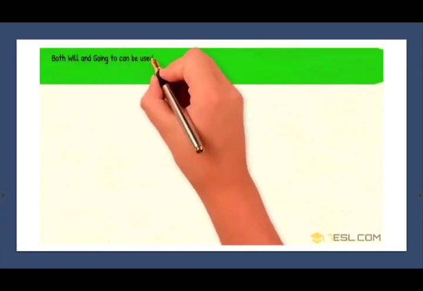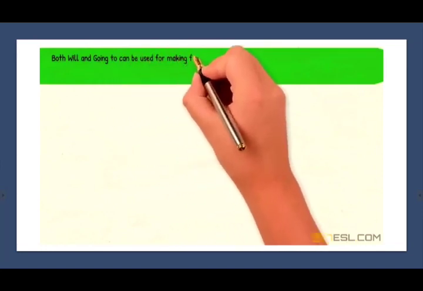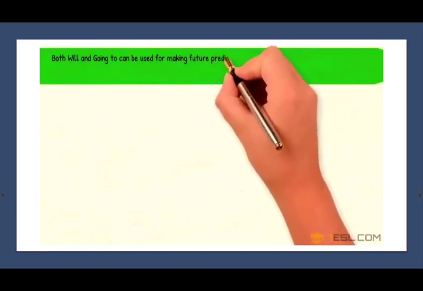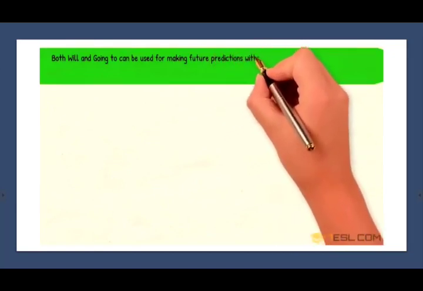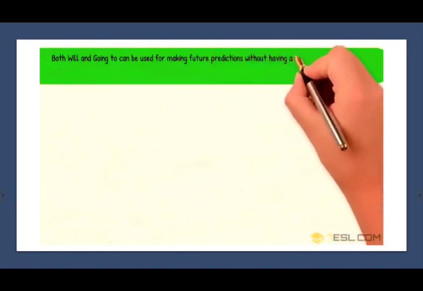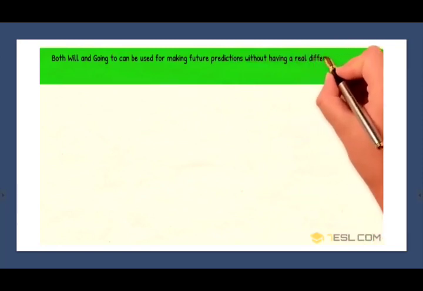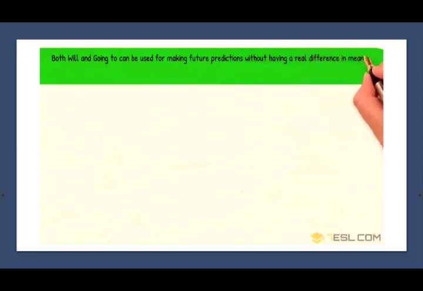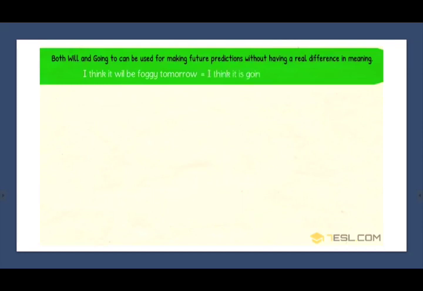Both will and going to can be used for making future predictions without having a real difference in meaning. I think it will be foggy tomorrow. I think it is going to be foggy tomorrow.